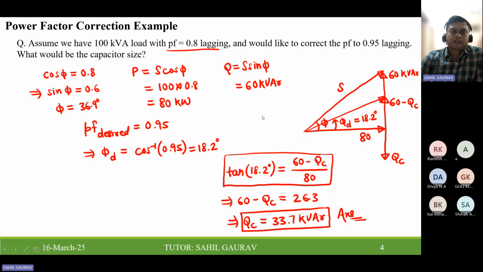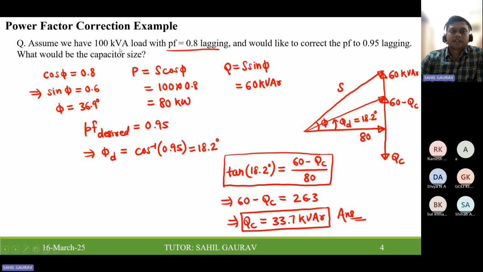Here is one of the examples on power factor correction, where we have assumed a 100 kVA load, that is 100 kVA apparent power, with power factor 0.8 lagging, and we would like to correct the power factor to 0.95 lagging. What would be the capacitor size?